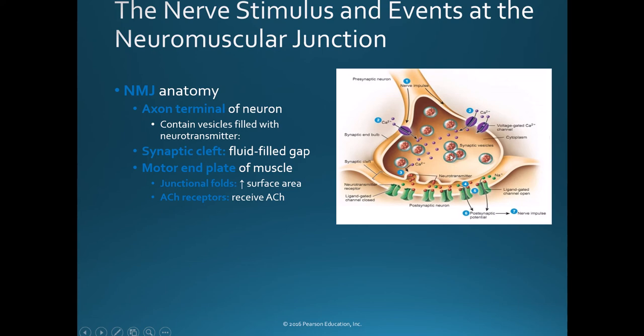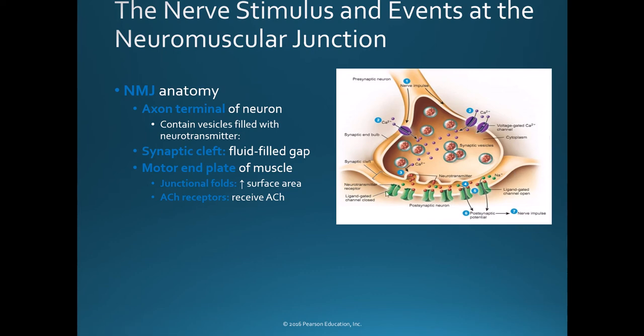The nerve and the muscle fiber don't touch the end of the axon terminal. There is a space between them. If we look inside the end of our axon terminal, we'll see lots of little vesicles containing a neurotransmitter. If we look at the neuromuscular junction, it has folds in it.